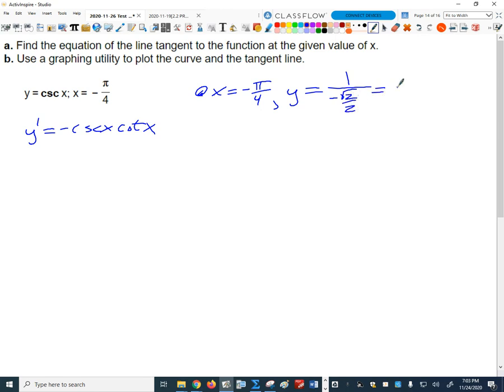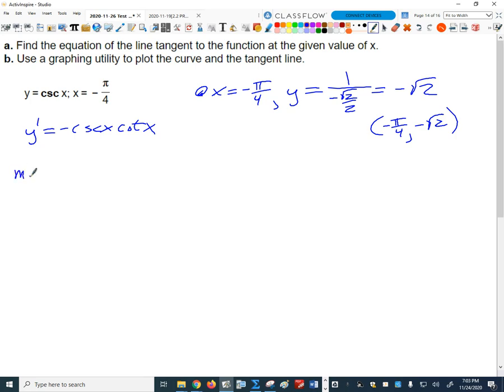That is equal to negative square root of 2. So we have the point of tangency, negative pi fourths, negative radical 2.